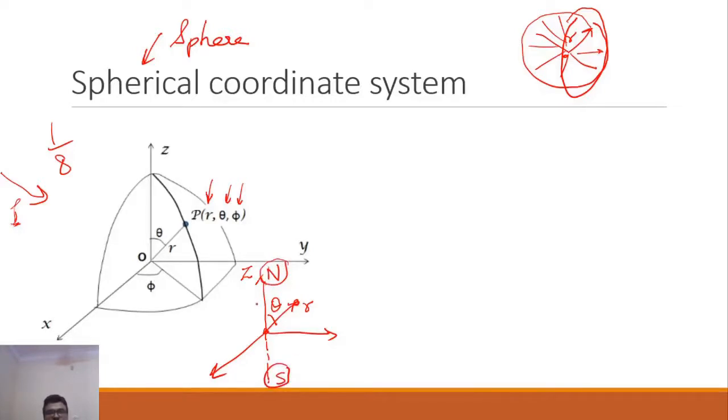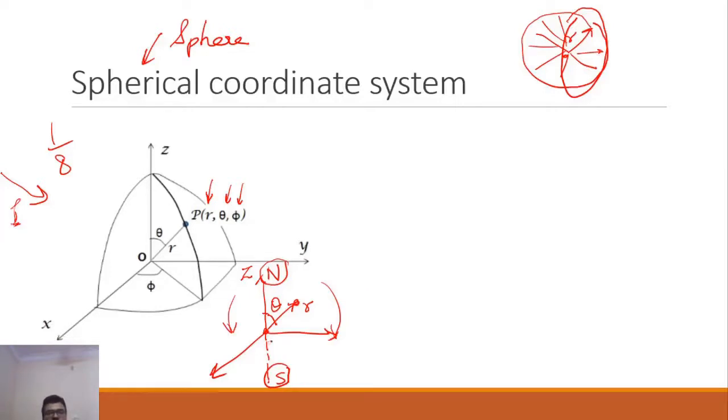And if you want to move some other side, you will have to move from again north pole to south pole, but in the same direction, like this, from top to bottom, right? So theta is the angle which gives us vertical motion from north to south, obviously angularly.